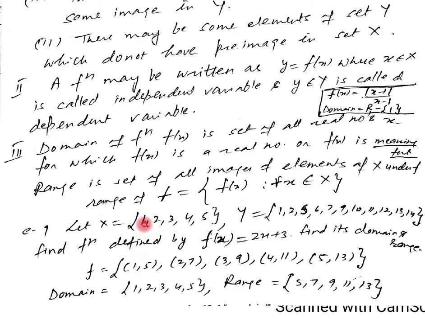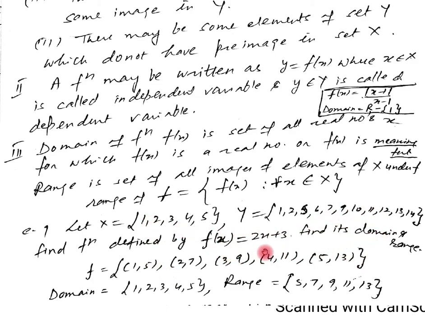When we take x equal to 1, then y is equal to 5. When x is 2, y equals 7. When x is 3, y equals 9. When x is 4, y is 11. When x is 5, y is 13. For all the values of x, y can be defined, and they are from this set.